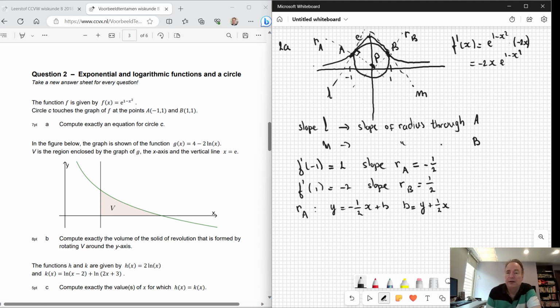So y of A is 1 plus 1/2 times minus 1, equals 1/2. So this line is y equals minus 1/2 x plus 1/2.